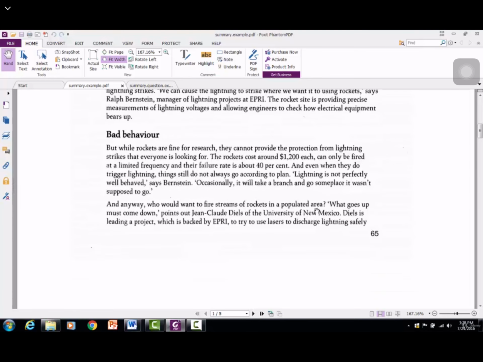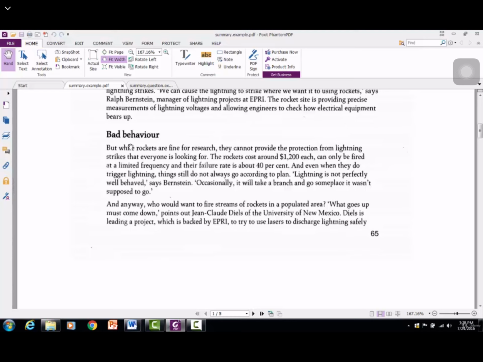Okay. I decided to look under this paragraph that says bad behavior, because if it's talking about bad behavior, that's usually talking about something negative, and I'm looking for an object that's less dangerous than a laser. All right, less dangerous.